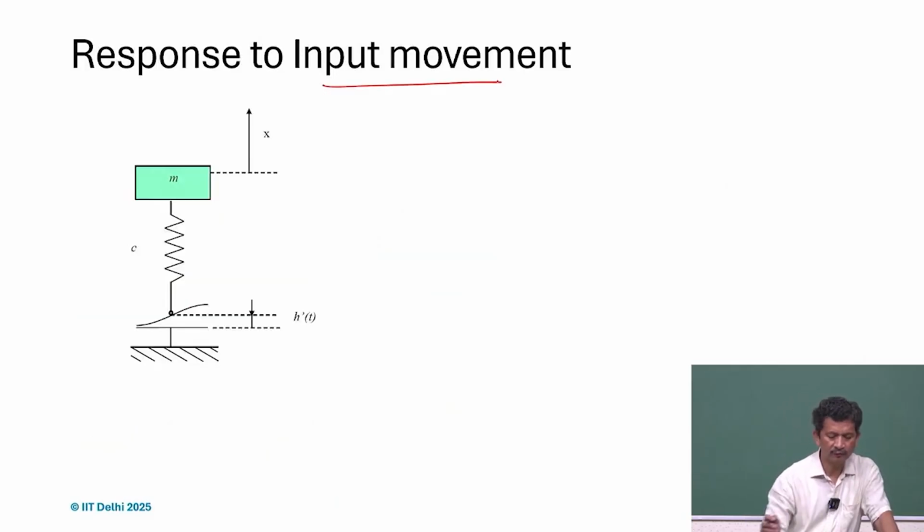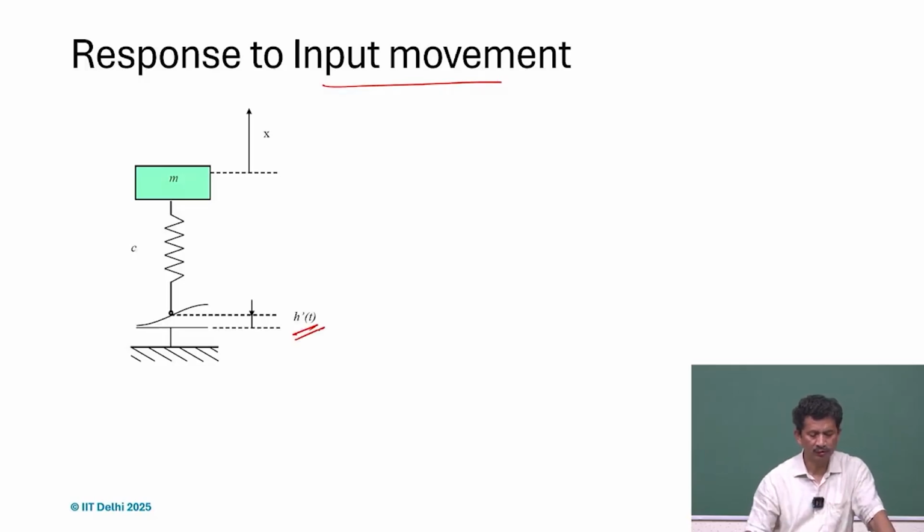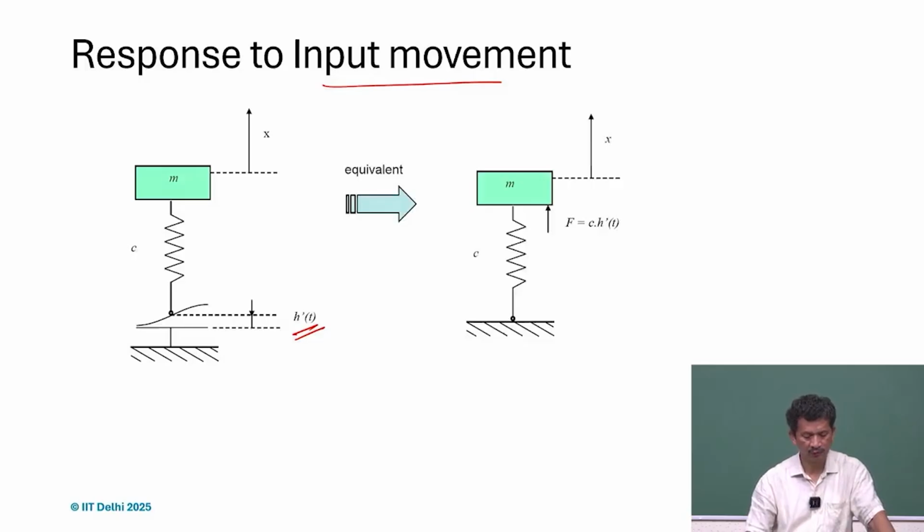For any kind of input motion given here, h prime t, what is the response? And if you are looking at what it can be modeled as, simply as a force here, c h prime t.